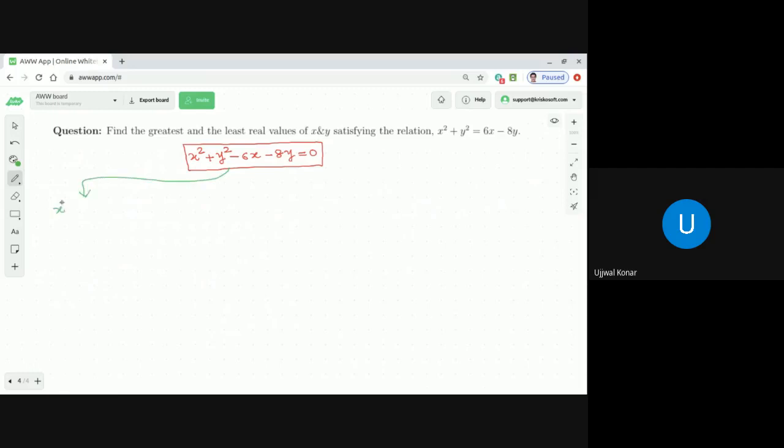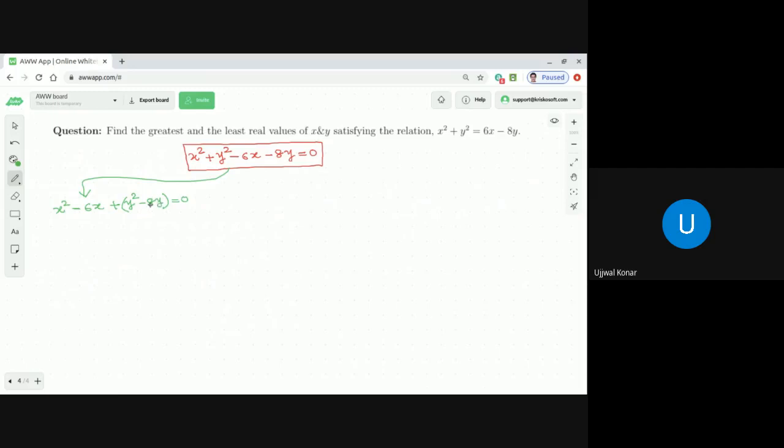So then what we are going to get? x square minus 6x plus y square minus 8y is equal to 0. This is a quadratic equation in x.